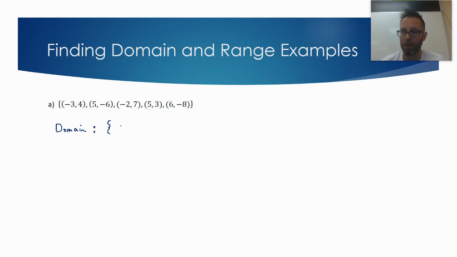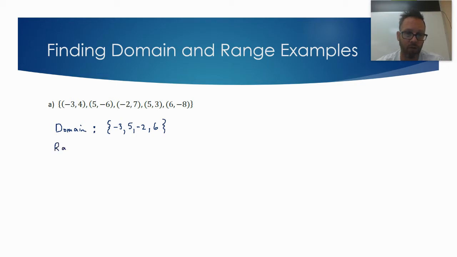You might not, so yours might just look like little squiggles, but you'll get better over time. So what are the x values of this relation? Well, it doesn't have to be in order for sure, but we have -3, 5, -2, 5 again. I don't need to write 5 again, 5 is there already. And 6. So that's the domain of this relation.